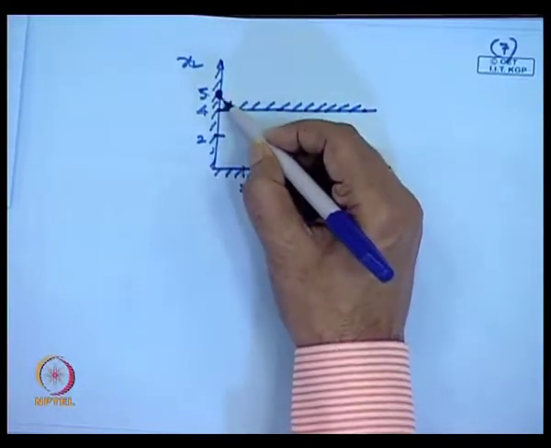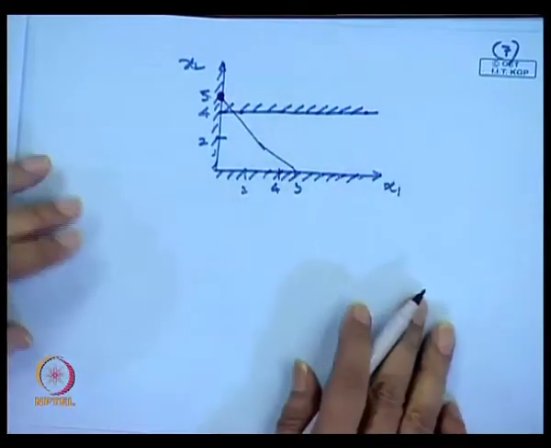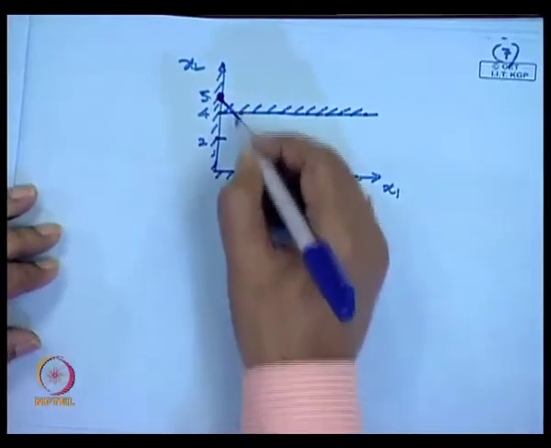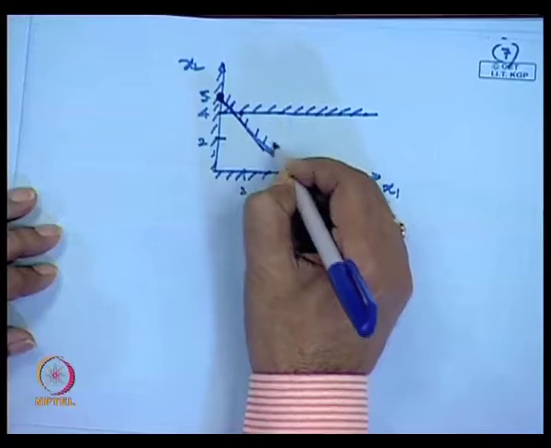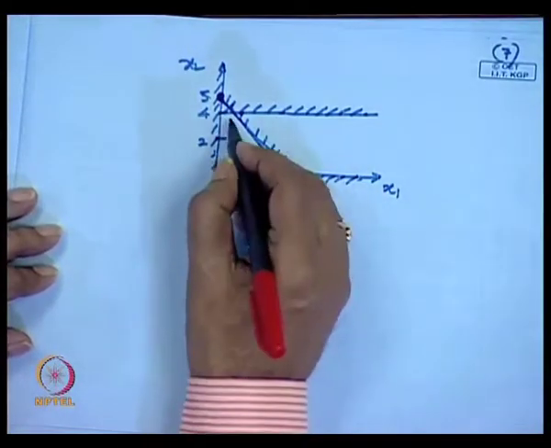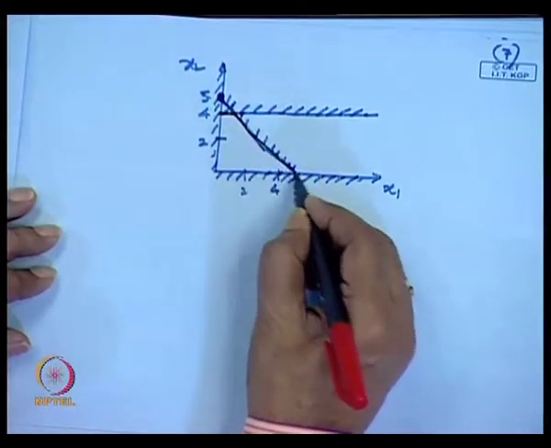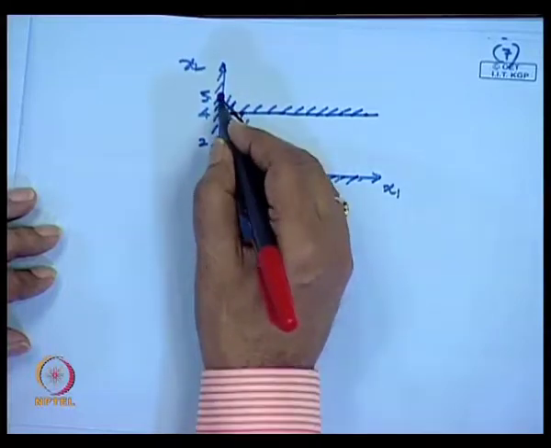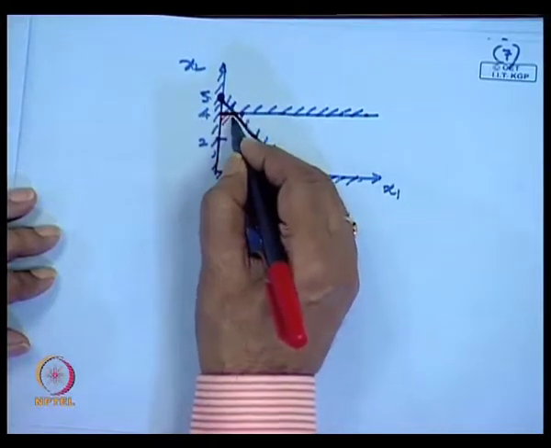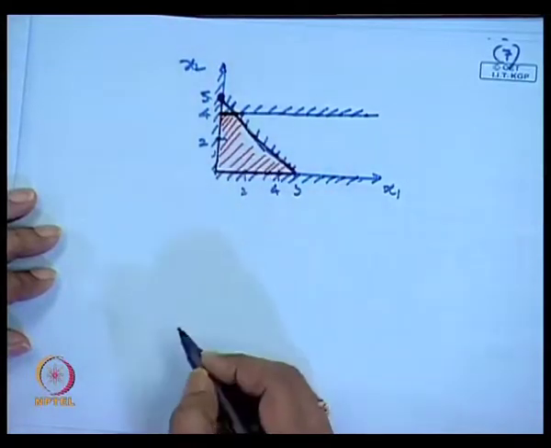So, you draw this line, and the region below this line is the feasible region. So, our effective feasible region is this portion, from here. This is the feasible region.